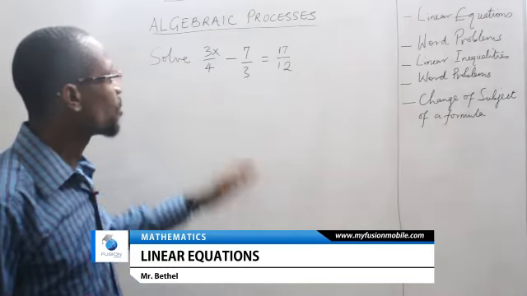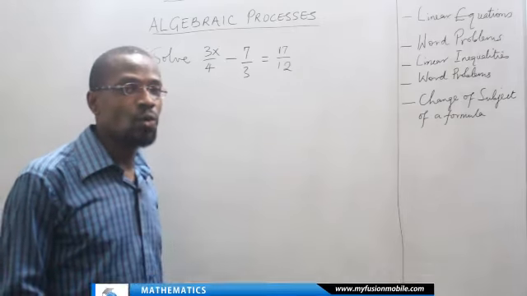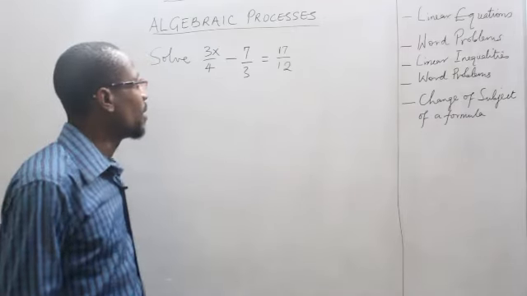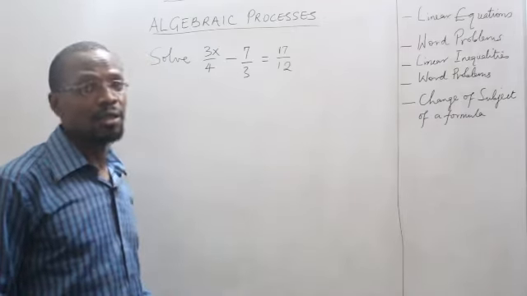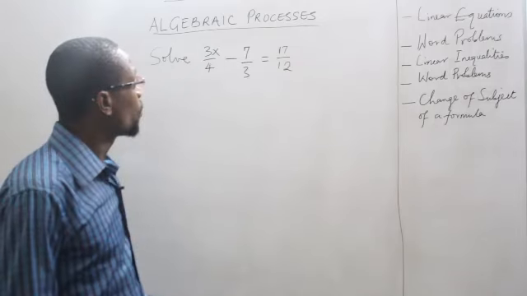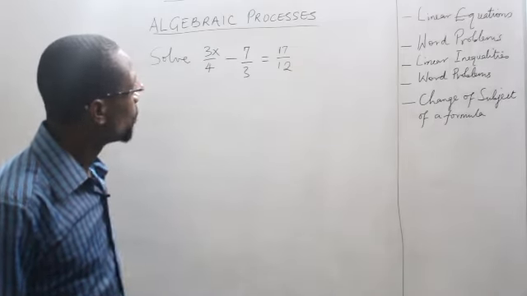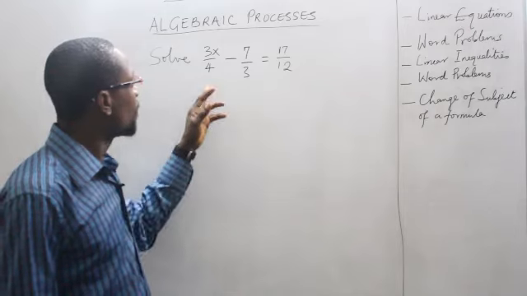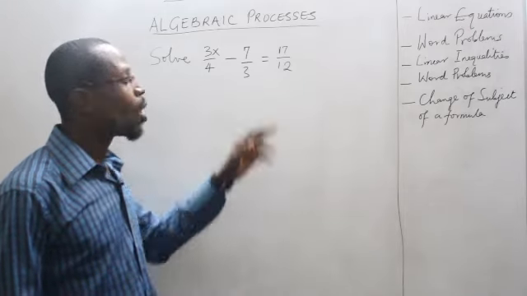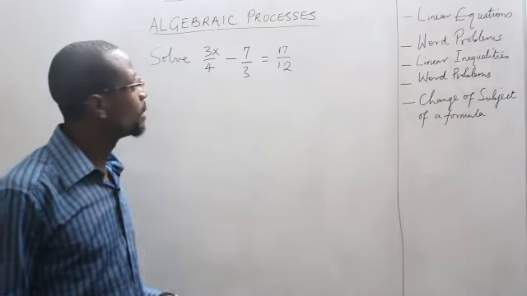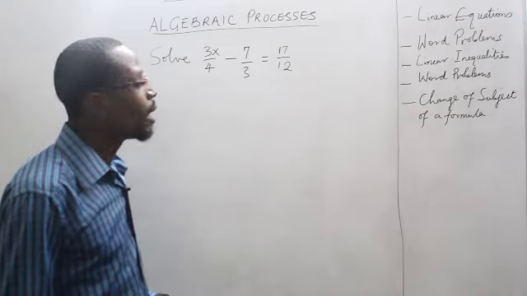Now, if we look at this problem on the board, what we are having here is a case of fractions. But if you look very well, more clearly, you will see that these fractions all have a common LCM.